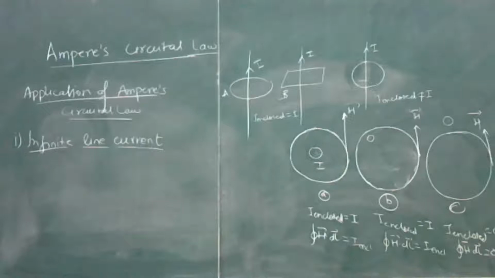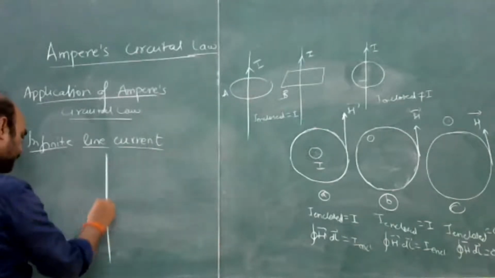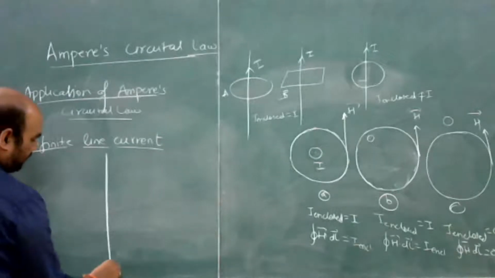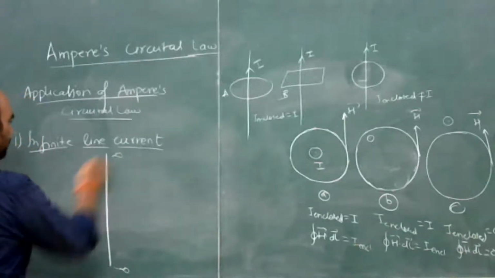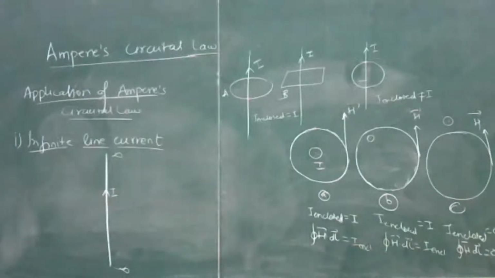There is an infinite line current, where this current I is flowing in this direction.